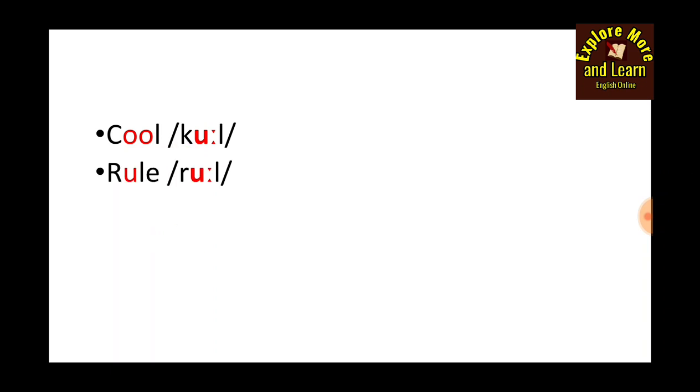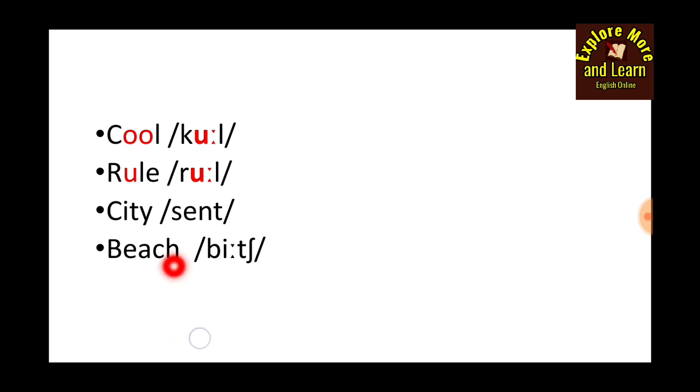Another example, the same sound long oo we get from the letter U, rule, long oo. Another example, city, you see, from this letter C we get S sound, here we get K sound, here we get S sound.